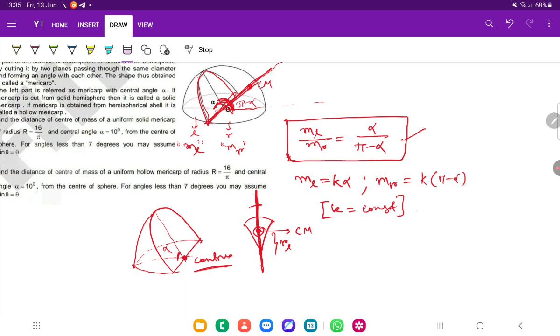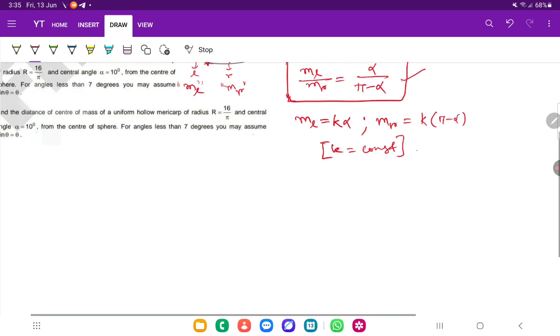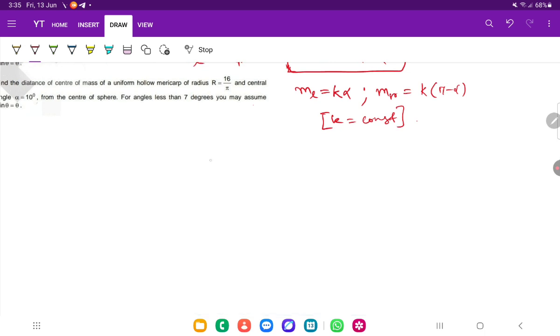So let me erase a few terms and proceed to the next one. Yeah, so I'm not drawing the medicaps again. I'll just show that here the center of mass of the left part is lying.